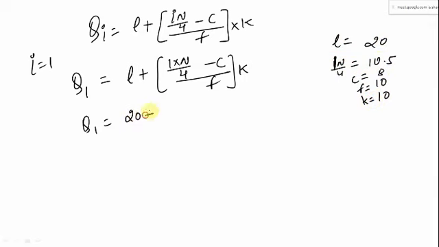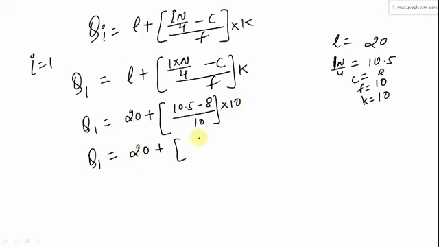So we'll get 20 plus 10.5 minus 8 upon 10 multiplied by 10. 10.5 minus 8 gives me 2.5, 10 and 10 cancel out, so Q1 will be 22.5.